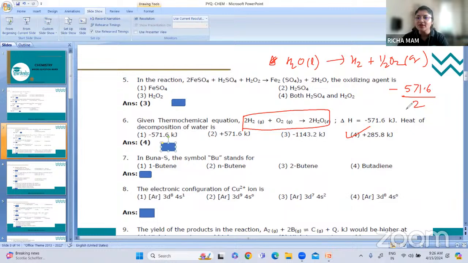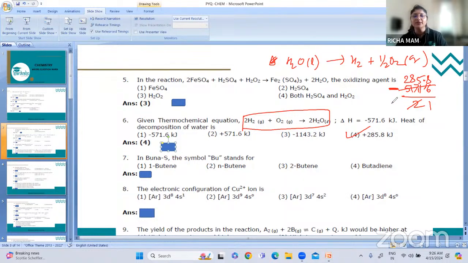When the reaction gets reversed, the sign also changes. So 2 8s are 16, 2 5s are 10, so it is 285.8 kilojoules. Is it clear?